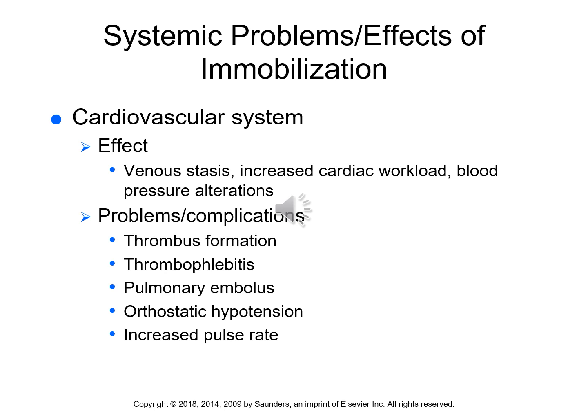The compression devices or the foot pumps to try to promote venous return back to the heart. Maybe they need some anticoagulants or something like that. If at all possible, if it's not contraindicated, get them up ambulating and have them walking as much as possible.